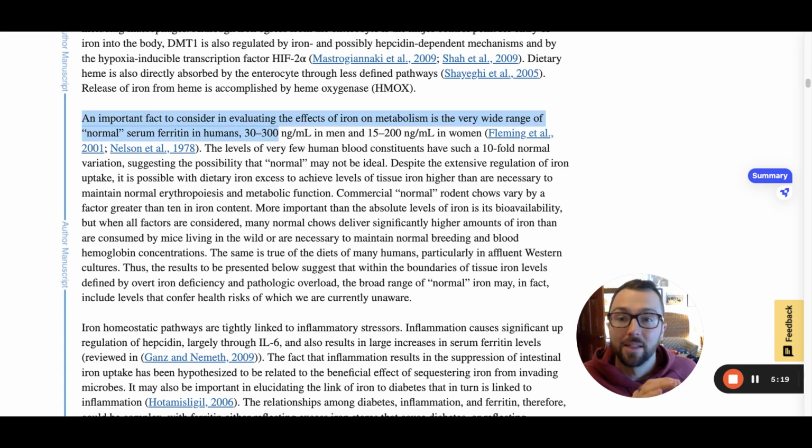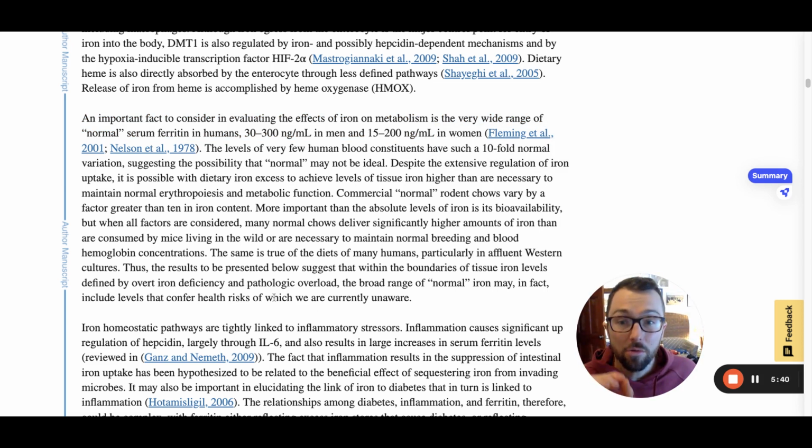So an important fact to consider in evaluating the effects of iron on metabolism is the very wide range of what we consider, quote unquote, normal serum ferritin in humans, which is 30 to 300 nanograms per milliliter in men, and then 15 to 200 nanograms per milliliter in women.